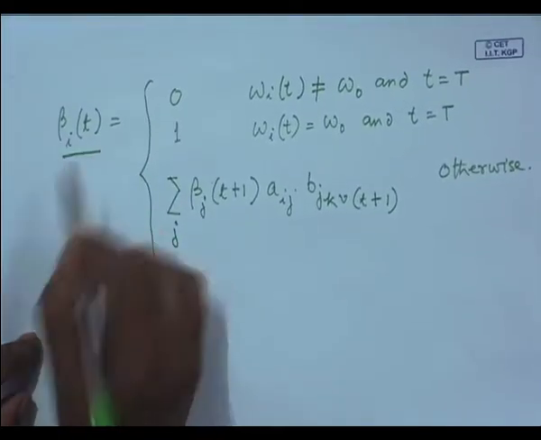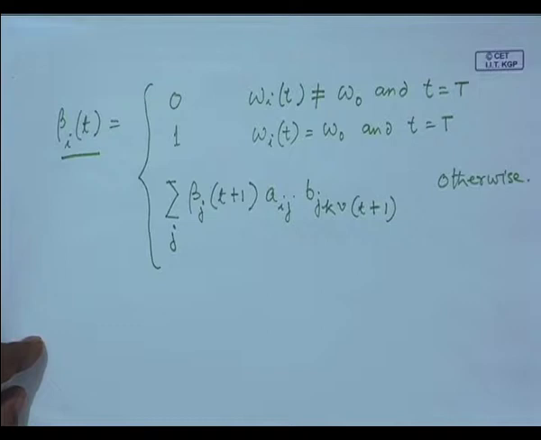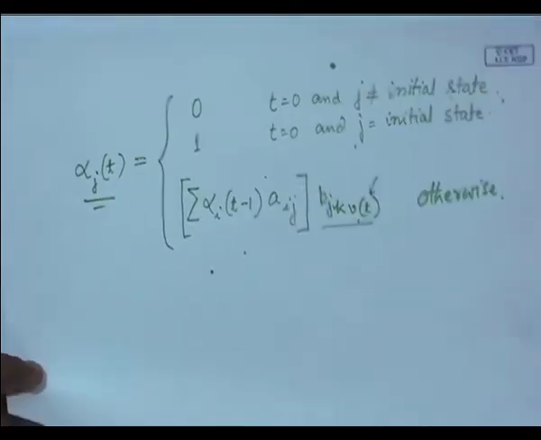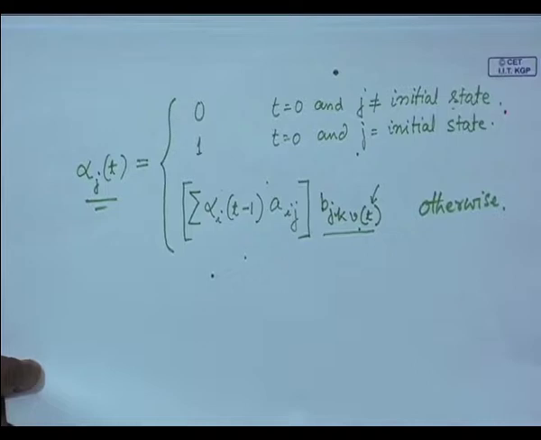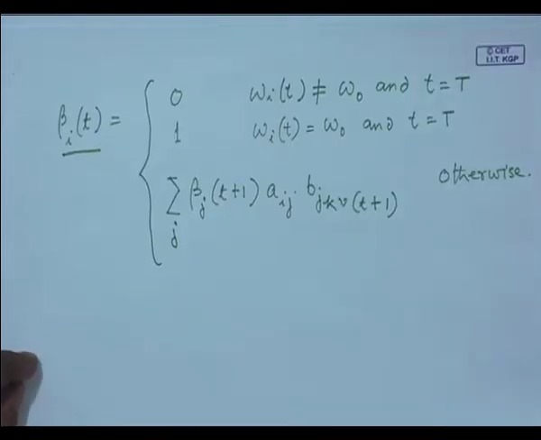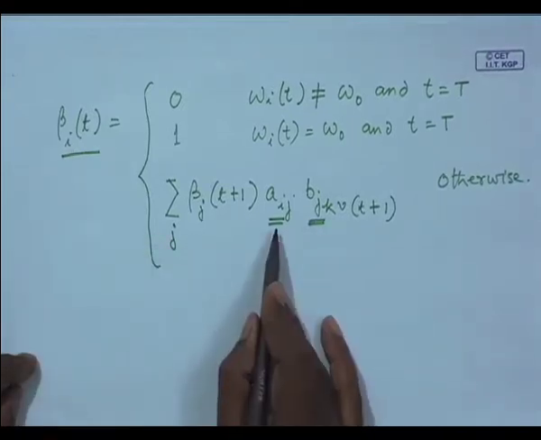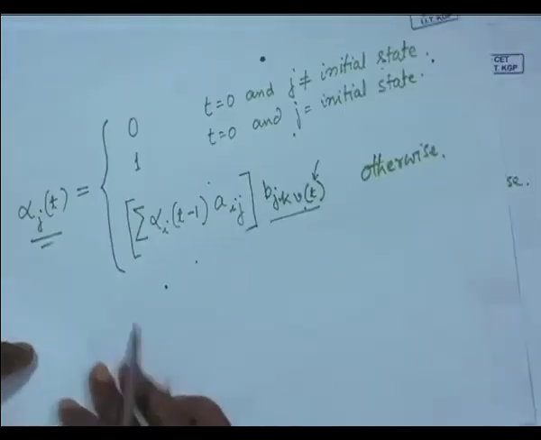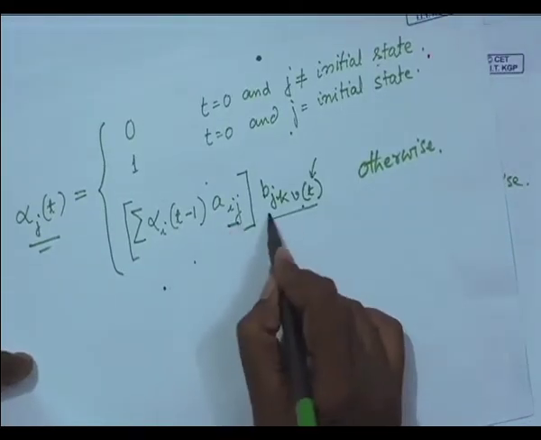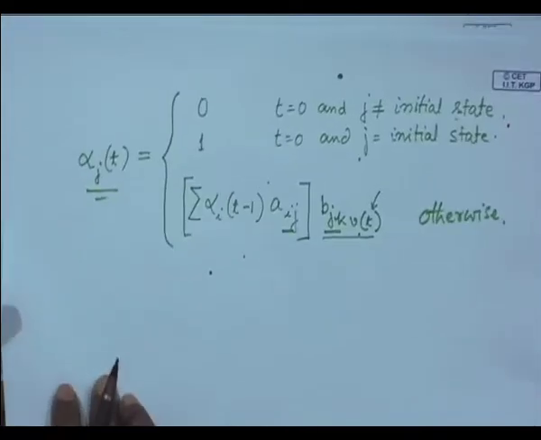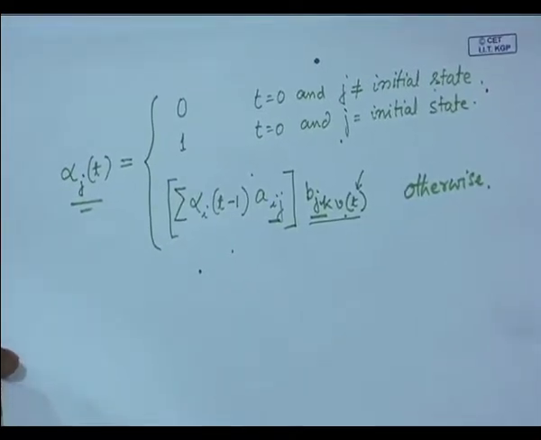Now, find that whether this beta i t, which is obtained by the backward algorithm, or this alpha j t, which is obtained by the forward algorithm, both of them use a i j and b j k. But the problem is, it is this a i j and b j k that we are going to estimate, that is what is the learning of the hidden Markov model.